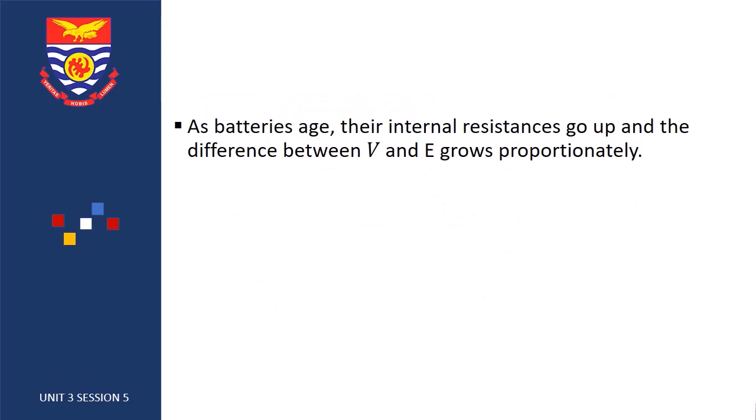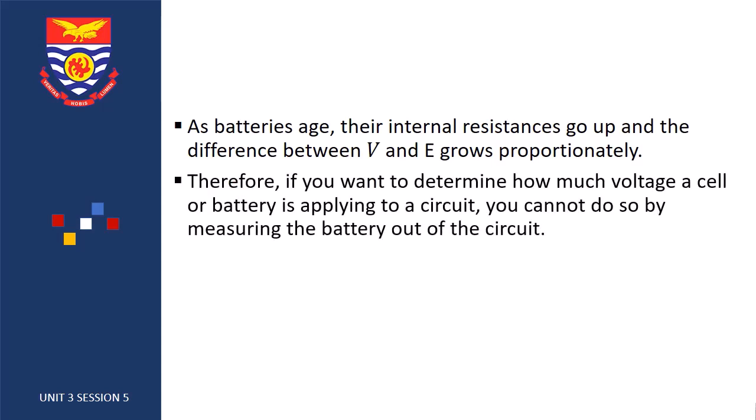As batteries age, their internal resistances also go up, and therefore the difference between the voltage and the electromotive force grows proportionately. If you want to determine how much voltage a cell or battery is applying to a circuit, you shouldn't do so by measuring the voltage of the battery out of the circuit.